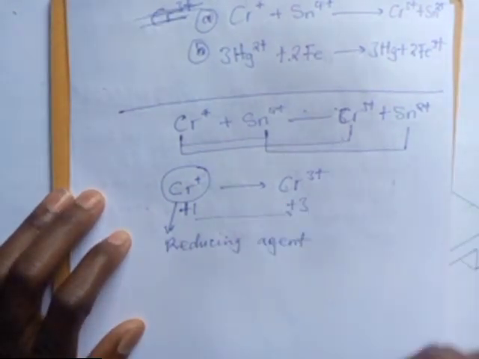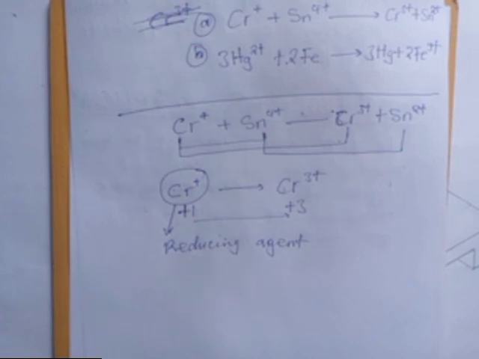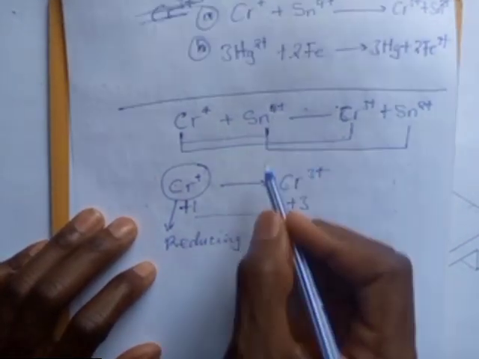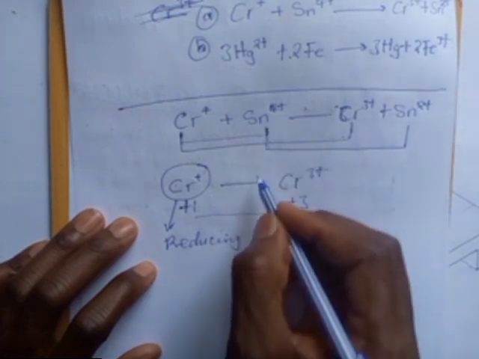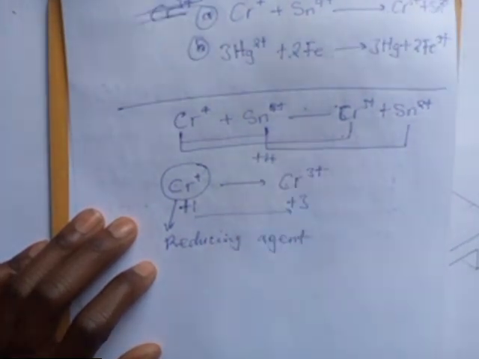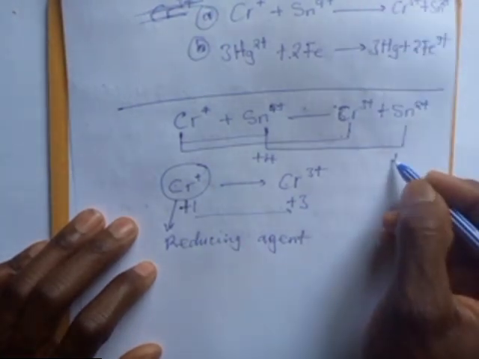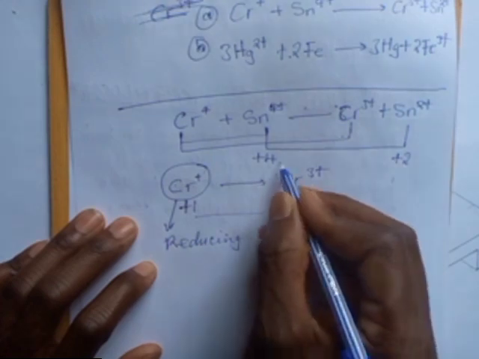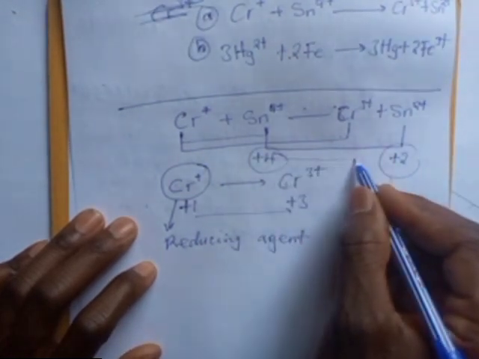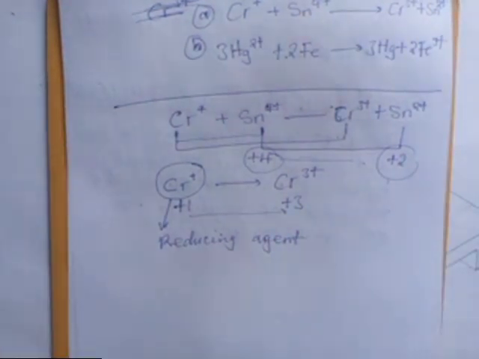The remaining one we can easily identify, because here we have 4 charges, so the oxidation number is positive 4, and for this one it is positive 2. So there is a reduction in oxidation numbers, from 4 to 2, which has to be a reduction reaction.